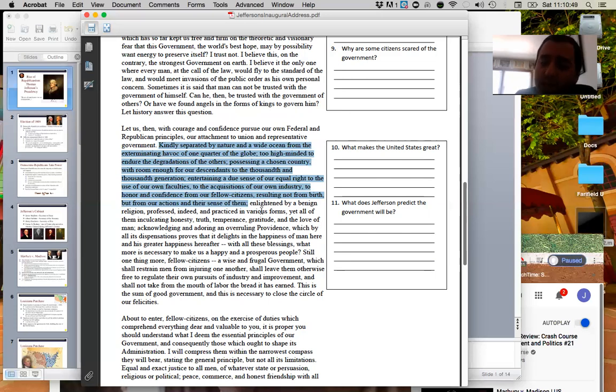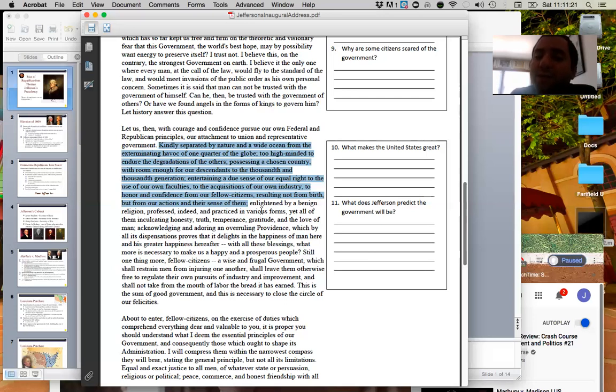Jefferson feels the United States is great, especially under his leadership, because he's going to promote the equal rights, acquisitions of our own industry, restore honor and confidence in the citizens. Basically, he wants the United States to focus on the good of the common person.